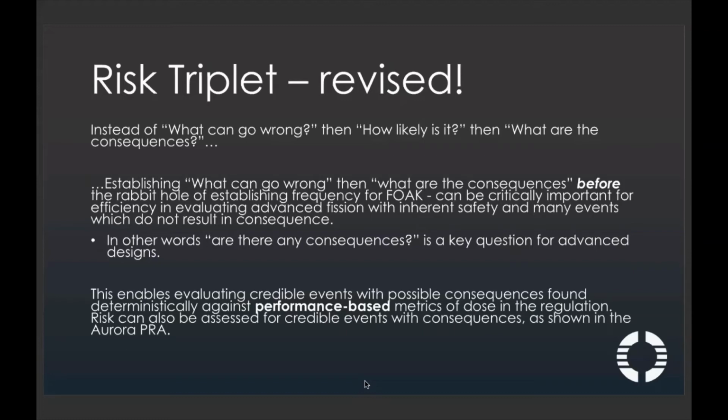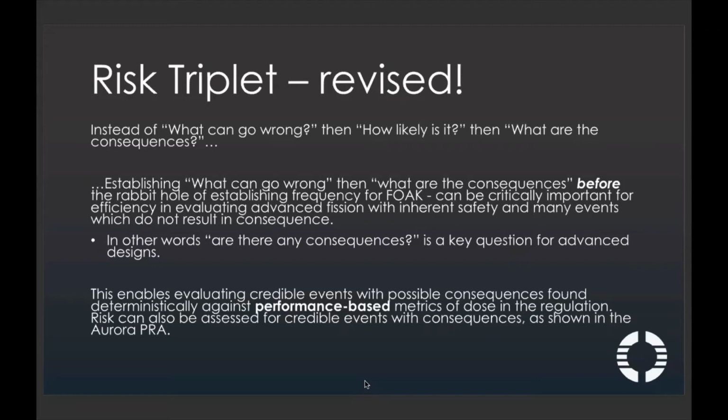If you first assess what the consequences could be before the frequency, it can actually rule out a number of events that essentially have no or extremely low consequences. And we believe that order change really increases efficiency for how you would evaluate advanced fission with inherent safety, and may have many events that don't result in consequence.